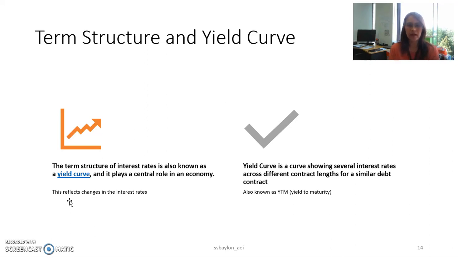It's also called a yield curve because it is a curve showing several interest rates across different contract lengths for a similar debt contract. Meaning, for one term you would show how much the interest is, then for a second term how much the interest is, and then for a third term how much the interest is.